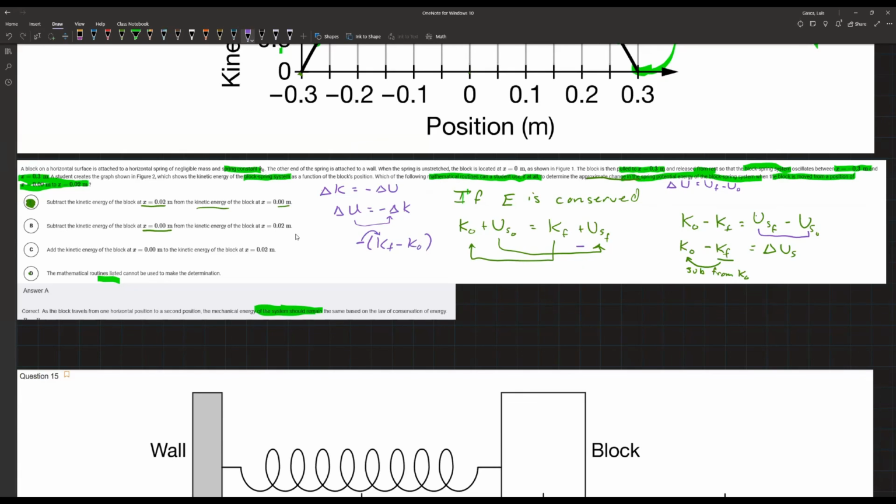Then we distribute that negative over, and we get negative Kf plus Ko. Another way we can think about it is delta U is going to be, oops, I made a mistake, that's Kf. Ko minus Kf. So it's going to be the final kinetic energy subtracted from the original kinetic energy.